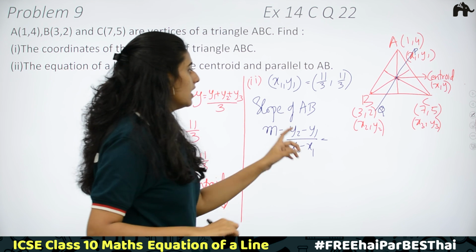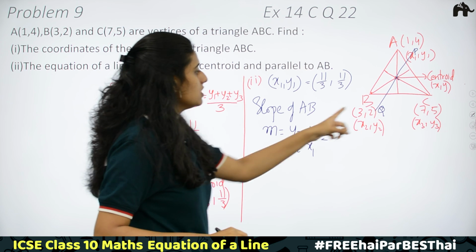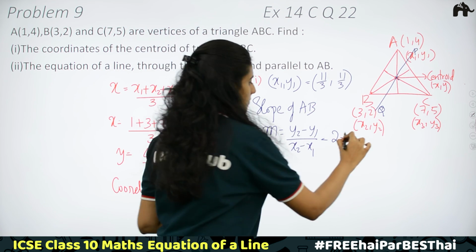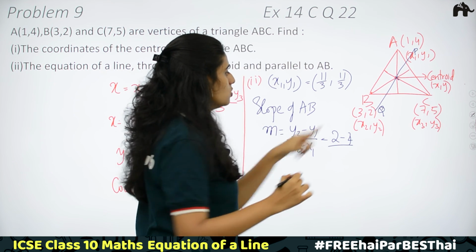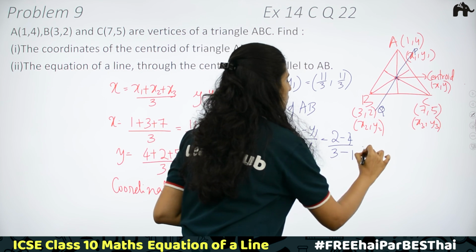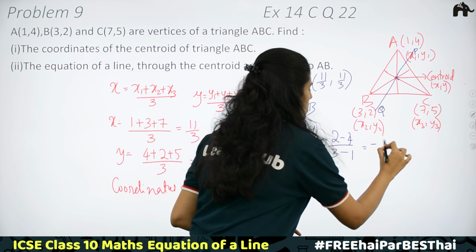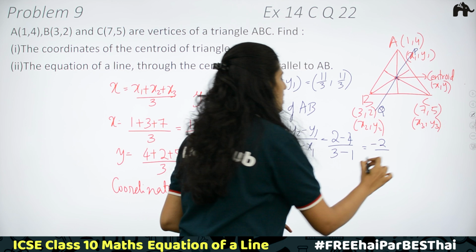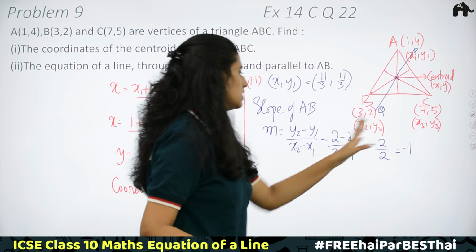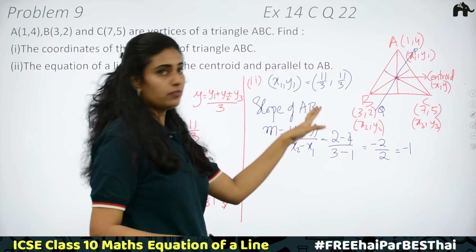Put the values here. y2 is 2 minus y1, y1 is 4, divided by x2 is 3 and x1 is 1. 2 minus 4 is minus 2, divided by 3 minus 1, which is 2. That is minus 1. Minus 2 by 2 is minus 1. We got the slope of AB.